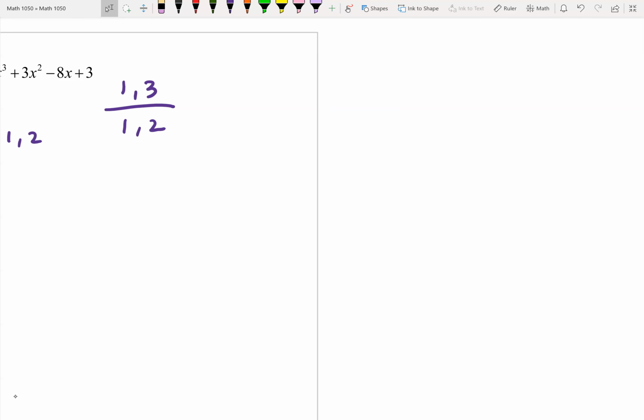So it could be 1 over 1, 1. Now change the bottom to a 2. That would be 1 over 2. Now I've done them all with the top as 1, so now I'm going to make the top be a 3. So 3 over 1 is 3. 3 over 2 is 3 over 2.